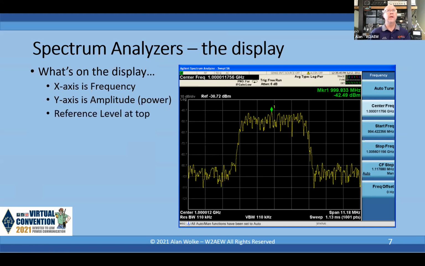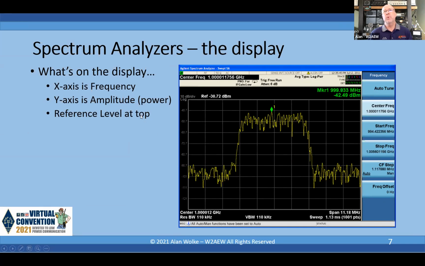I'll give you a brief review of what dBm means. The reference level, another very important parameter with the spectrum analyzer, is the power level at the top of the display, this top line right along here. We can see this analyzer is set to a reference level of minus 30.72 dBm, and that represents the highest signal level that we can read on this display.